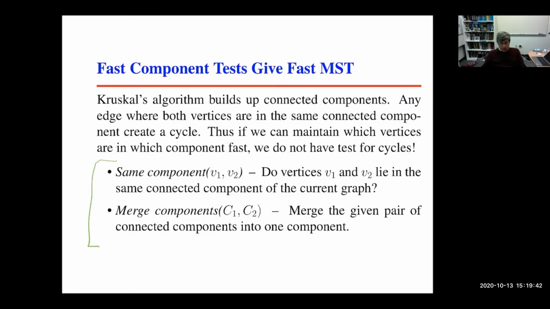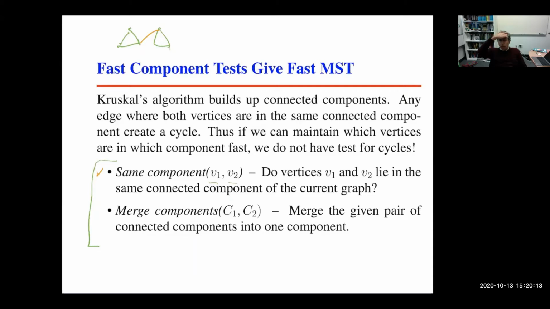A same component test is going to ask: are vertex 1 and vertex 2 in the same connected component? Certainly, the only way adding an edge is going to create a cycle is if the two vertices are in the same component. When they're in different components, they don't create a cycle. So this is really the heart of what I need to answer.